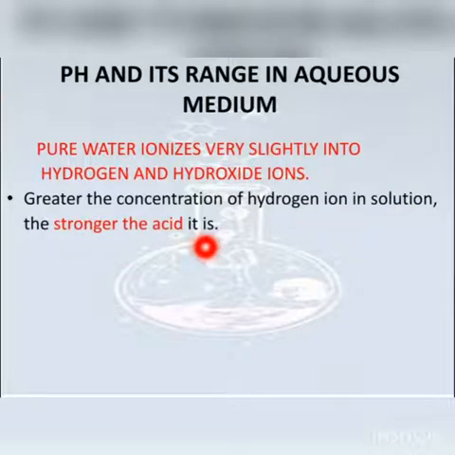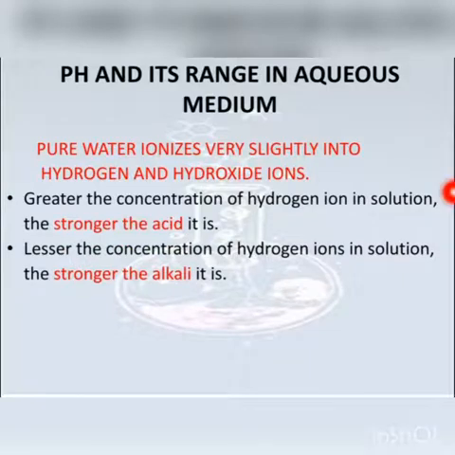What we have learned from here is that the stronger acid will be the one which has the greater concentration of hydrogen ions. Likewise, the lesser the concentration of hydrogen ions in the solution, the stronger the alkali it is. Okay.